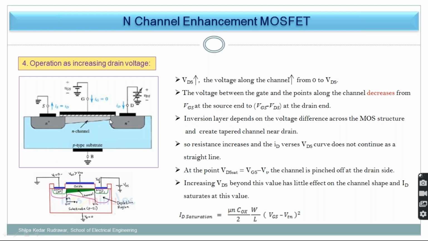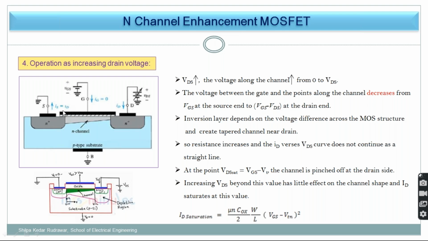Now, what is pinch off? This point is very important. Before going to pinch off, I am just reading this. As VDS increases, previously it is small, but now it increases from 0 to VDS. The voltage between the gate and the point along the channel decreases from VGS at the source end to VGS minus VDS at the drain end.